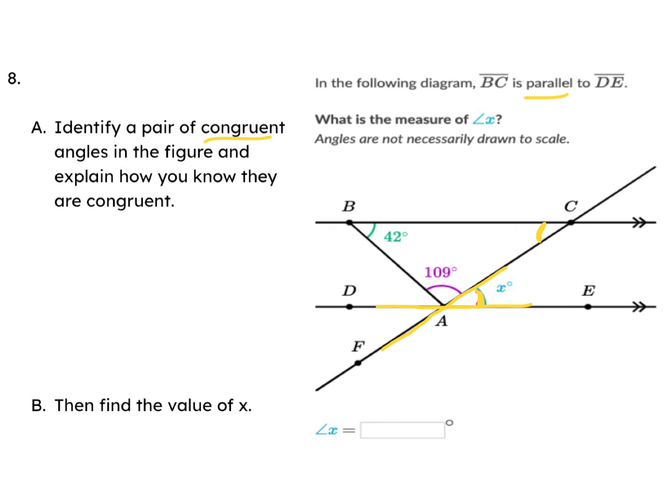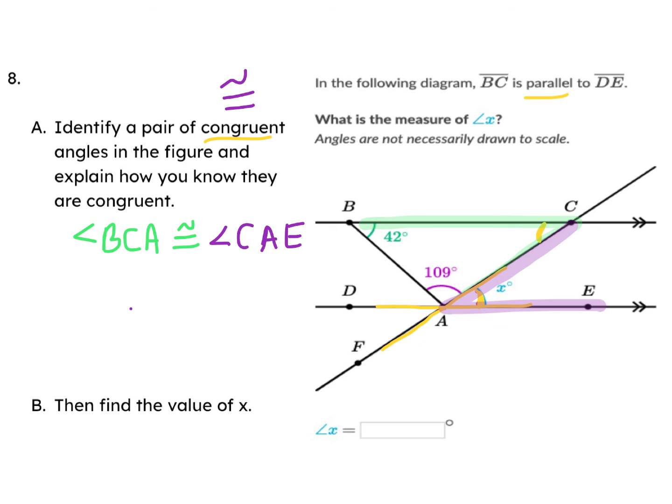When you name an angle, you give 3 letters. So let me highlight the angle I'm looking at. BCA. I'm going to say that angle is congruent to, let me change the color here, CAE. Those two are congruent. Okay, so I named them, and this equal sign with a squiggle, that means congruent.